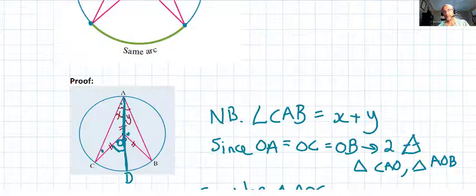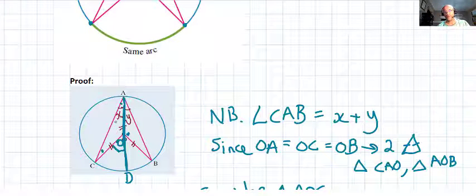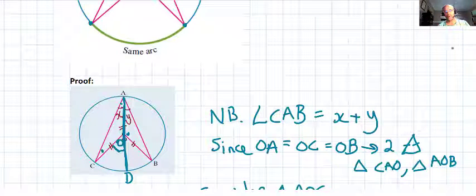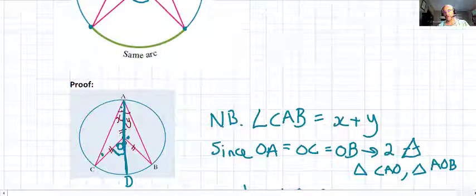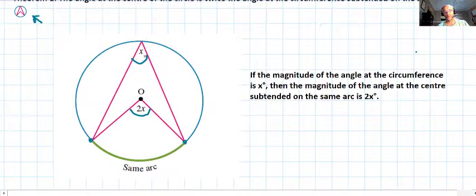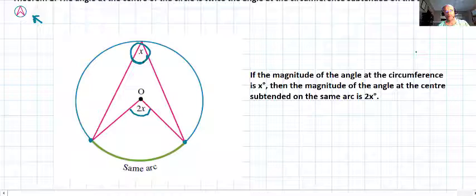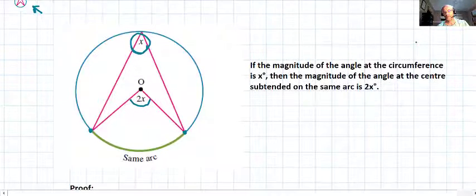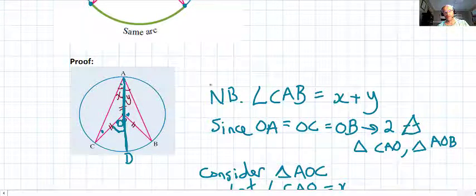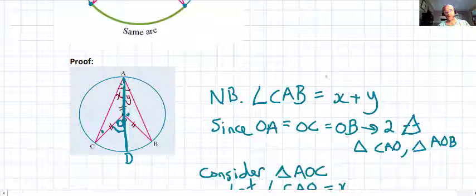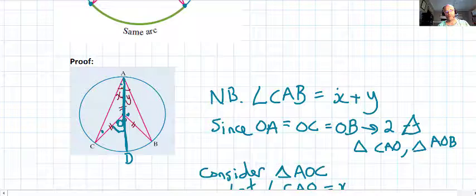Now remember before we said that CAB, the angle up the top, and remember its importance to the proof, is this angle up here. Whatever letter you assign, and by the way, the x means something different down here, the value of that angle up the top, no matter what letters you use, CAB, is x plus y.